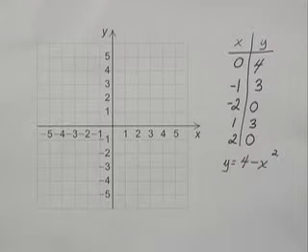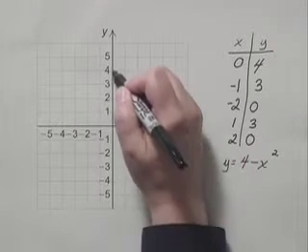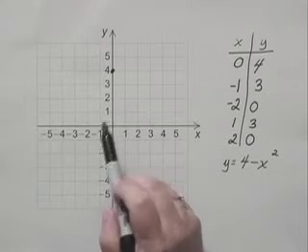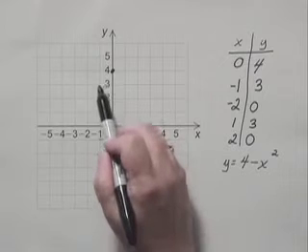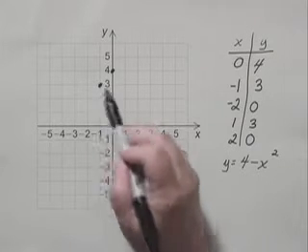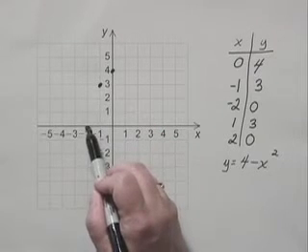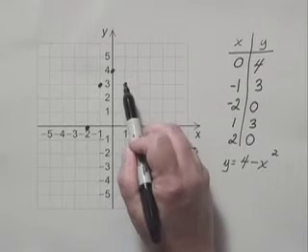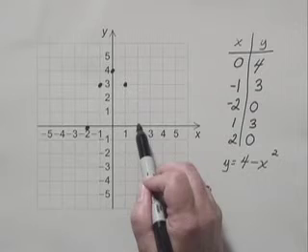Now this gives us enough points that we can get the shape of the graph pretty well. We have (0, 4), (negative 1, 3), (negative 2, 0), (1, 3), and (2, 0).